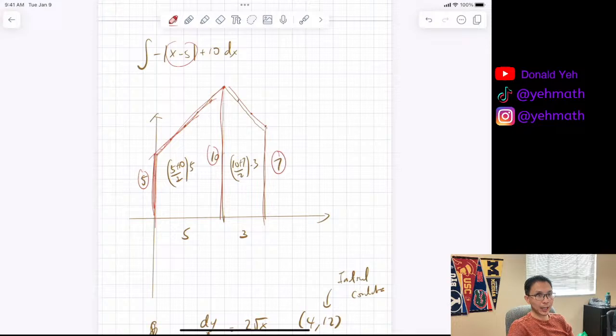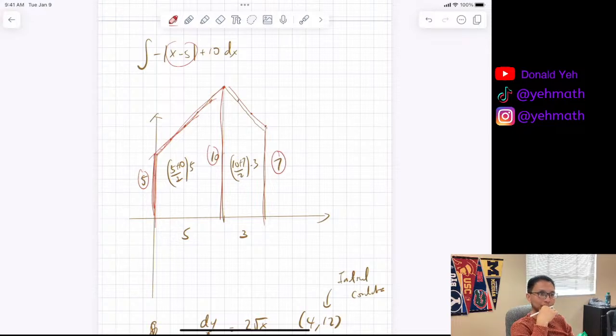It's going to be 5 plus 10 over 2 times 5, so it's 75 over 2. And the other side is going to be 210 over 2. So it'll be 285 over 2. 285 over 2, is it 142.5? Something like that? I don't know.